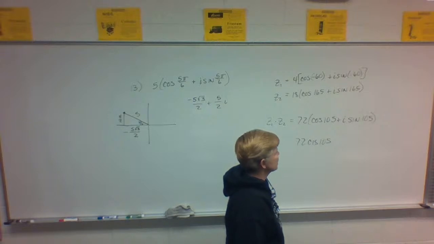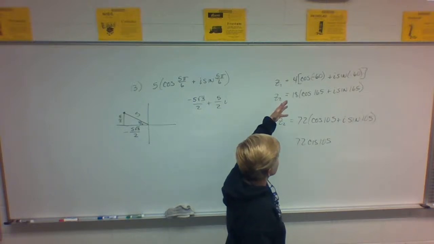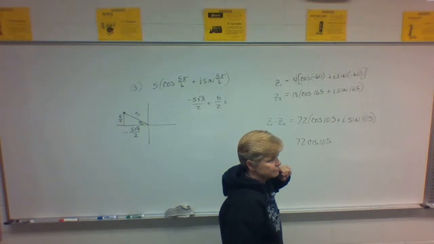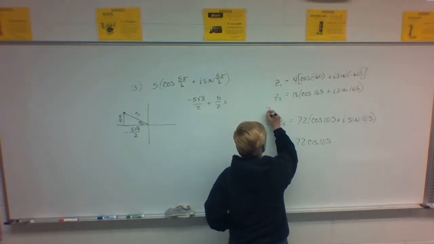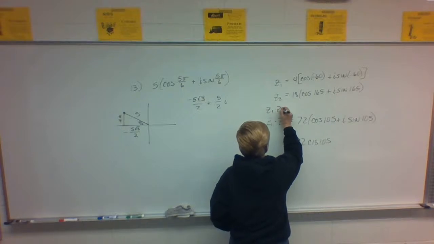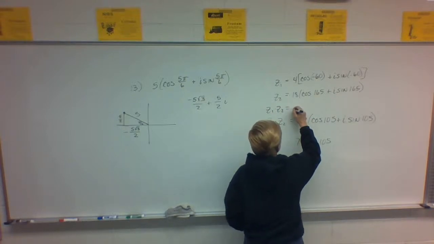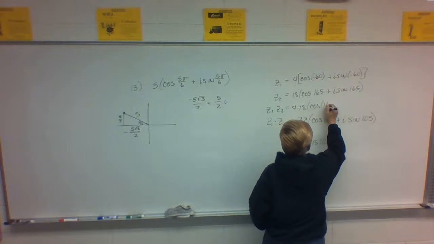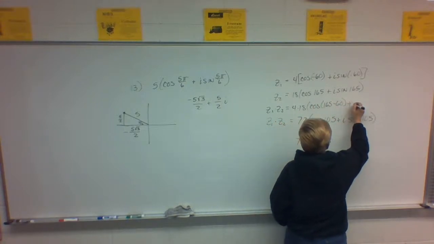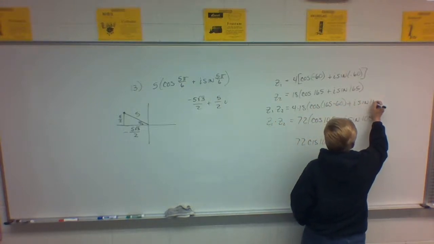It's pretty easy, and it's very tempting to just look at what's written on the test and do the arithmetic in your head, which is fine if you're right. I would say Z1 times Z2 equals 4 times 18 times the cosine of 165 minus 60 plus I sine of 165 minus 60.